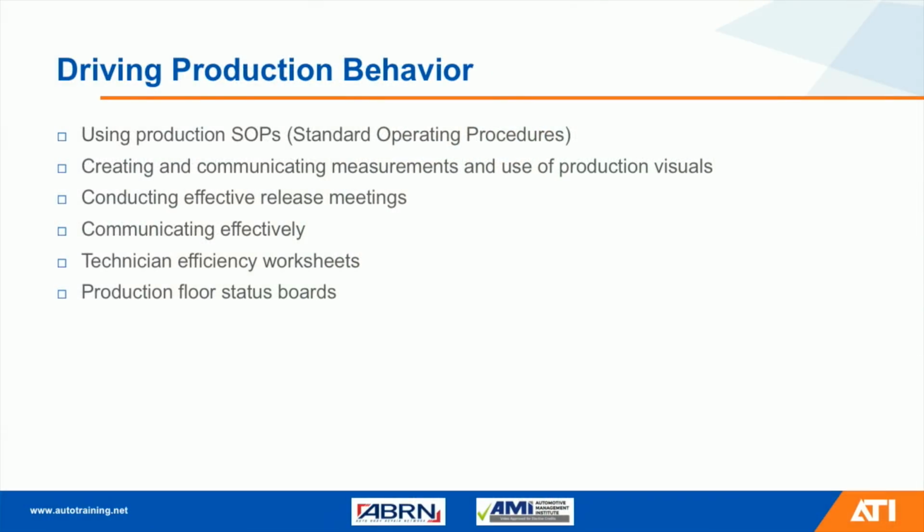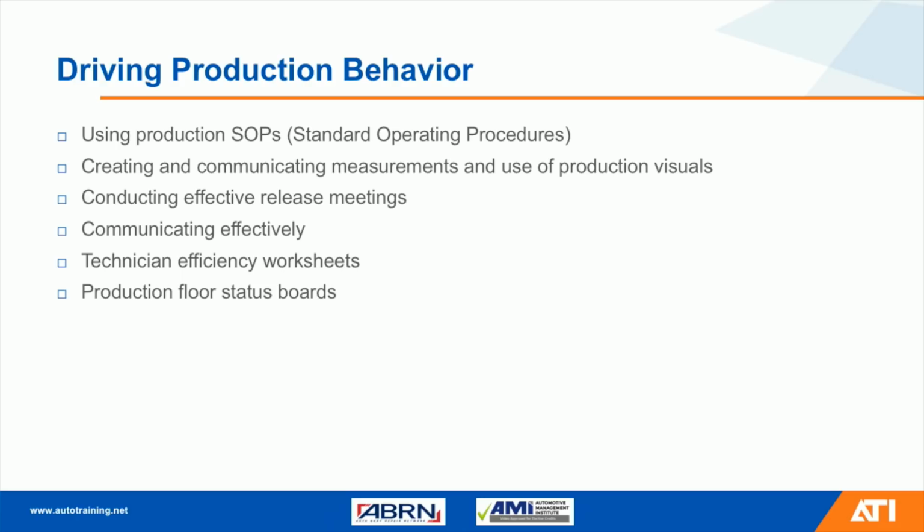So as we go through this, we're trying to drive this production behavior. One of the things that you'll see in most all of the presentations that we do in the ABRN and AMI process here is standard operating procedures. The clearer we can define what we're asking people to do, the more apt they are to be able to perform to those requirements.